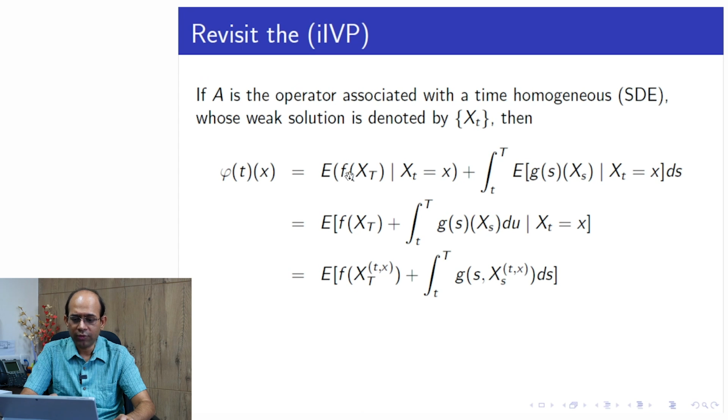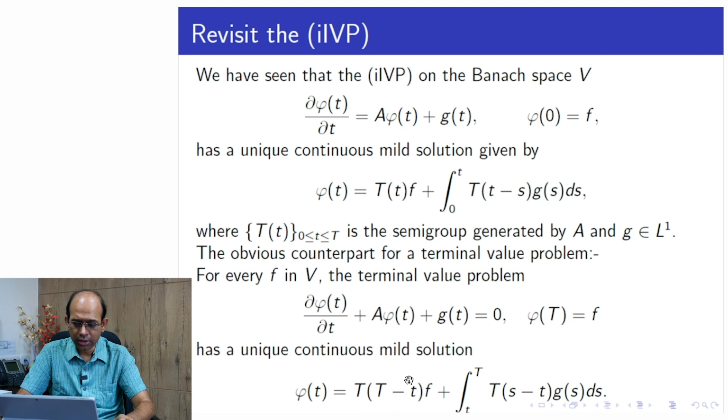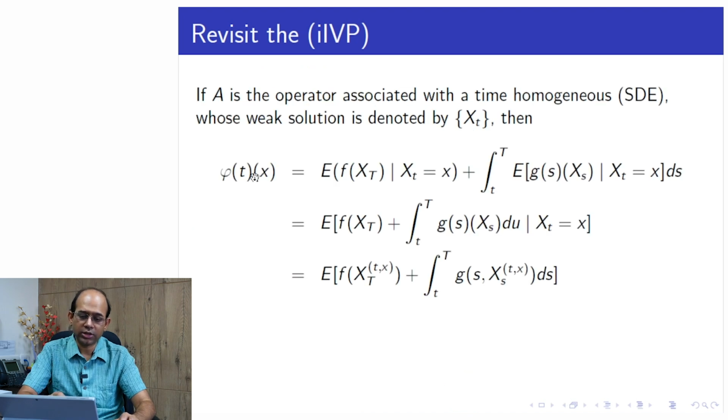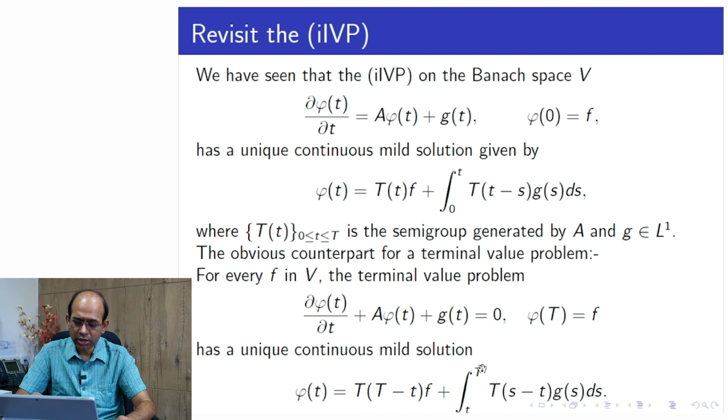Expectation of f of x capital T given xt is equal to small x, correct? Because this is the capital T minus t time difference. So this is the expectation of f of x capital T given xt, and small x is the evaluation. Okay, phi t of x is equal to expectation of f of capital xt given xt is equal to small x, plus the integration from small t to capital T of the semigroup of s minus t applied to gs.